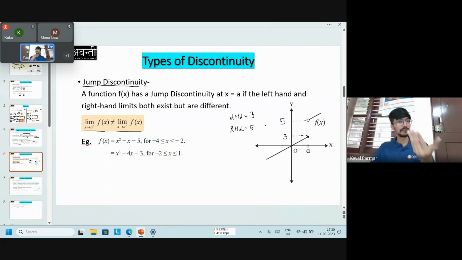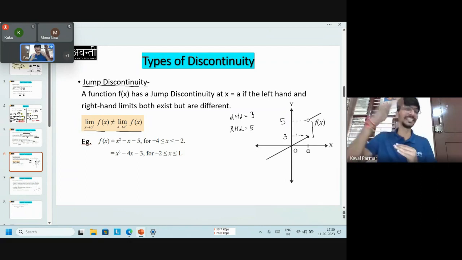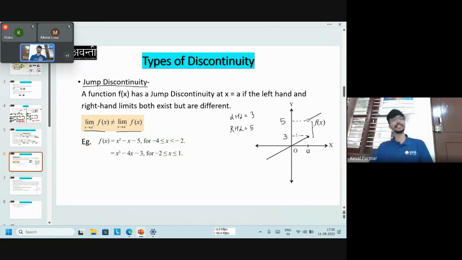This type of discontinuity is jump discontinuity. You can see from the graph that the function jumps from 3 to 5 directly. It doesn't take any value between 3 and 5, so the name is very logical. The function jumps, meaning jump discontinuity.